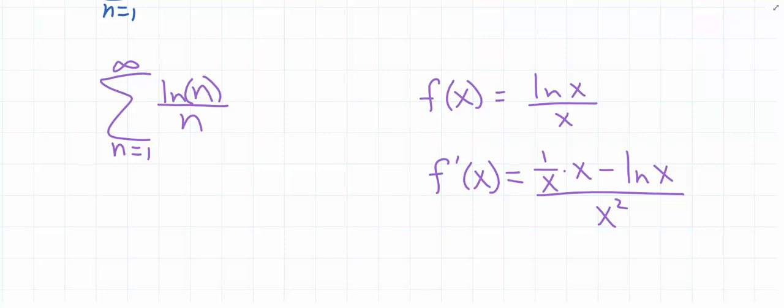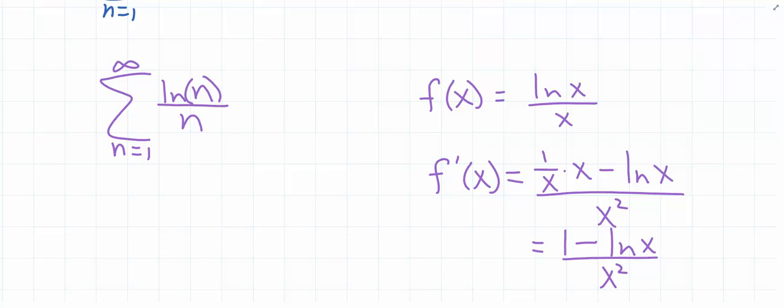Okay? Now let's see what we've got here. We've got 1 minus log x over x squared. Now the bottom is always positive. The question is, what is the function overall? Is it decreasing? It's decreasing as long as x is bigger than e, right?